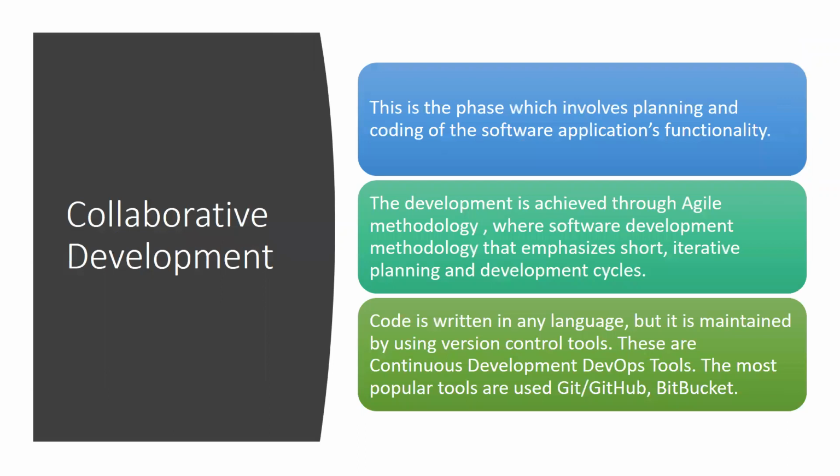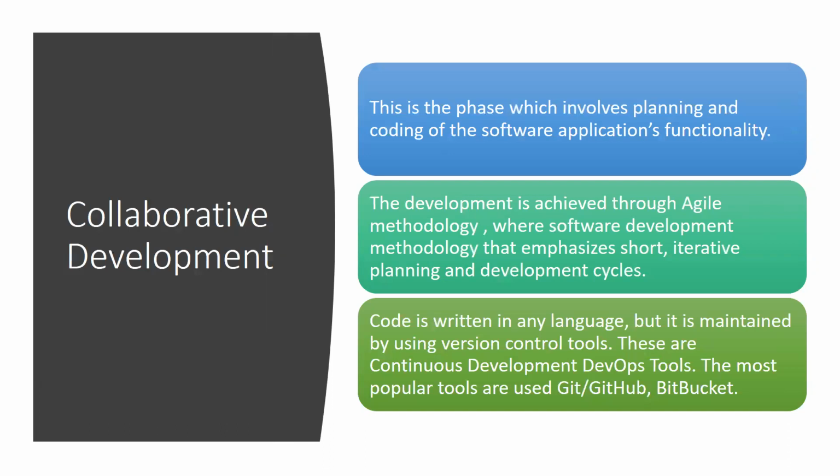In collaborative development, basically, we are only talking about the developer's point of view. The developer plans and writes the code and stores it in some version control, like GitHub, which is one of the very popular tools from the DevOps point of view.